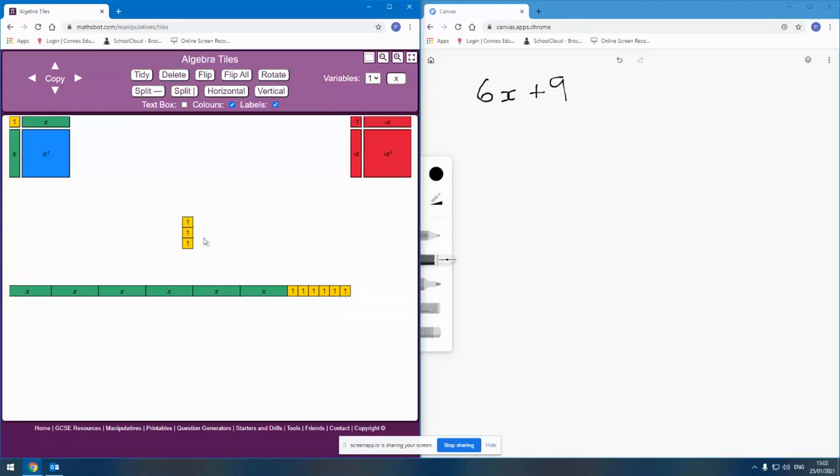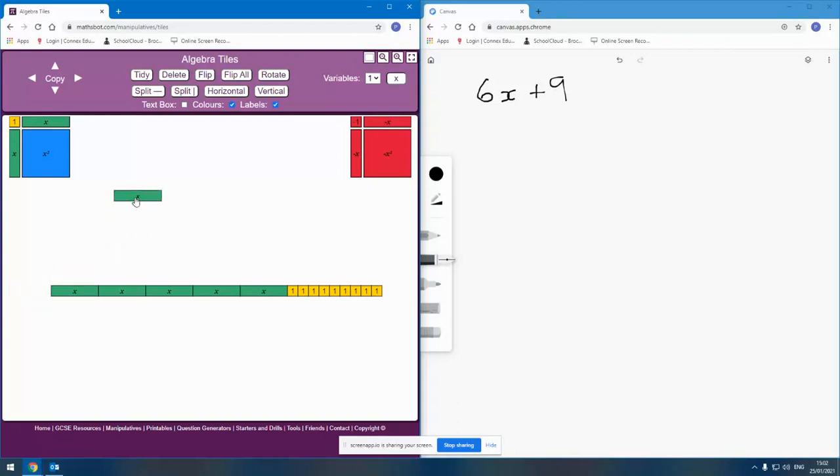It's 1 in width times 6x plus 9 in length. That's how we evaluate the factors of these rectangles: what are the dimensions, what is the width, what is the length? This is just a 1 by 6x plus 9 rectangle. Fine, not particularly useful in this case.